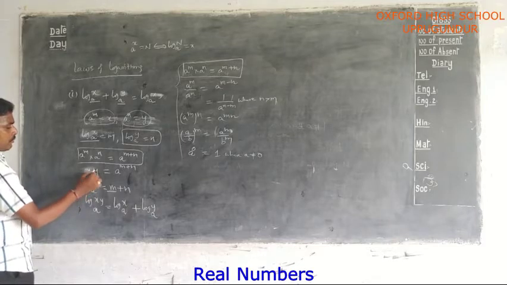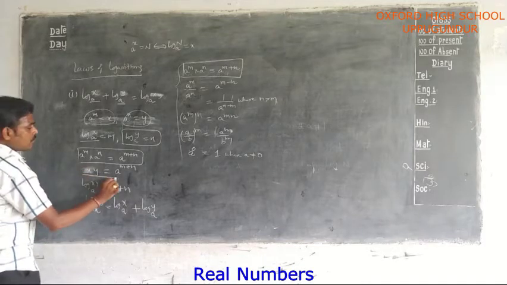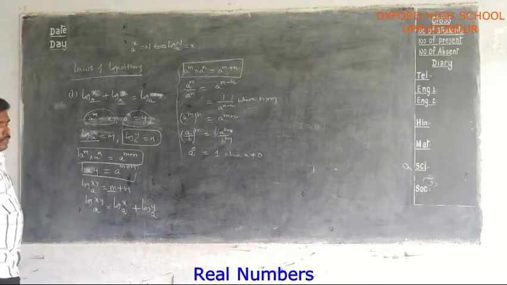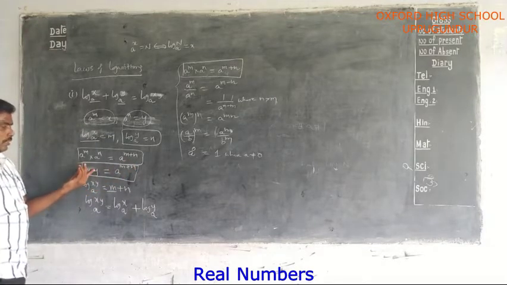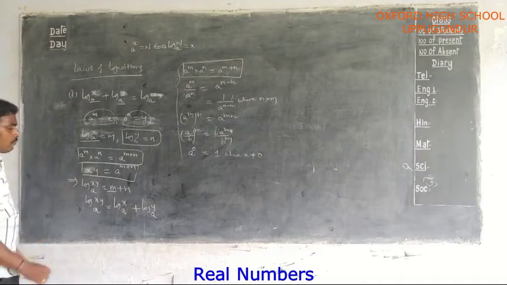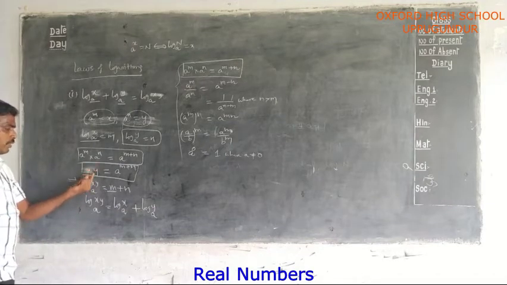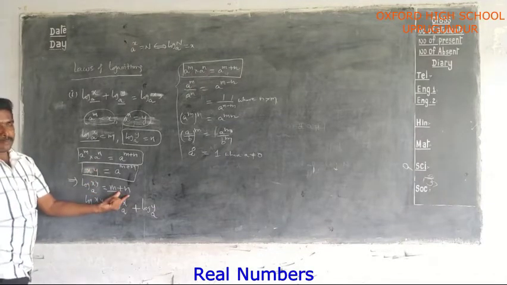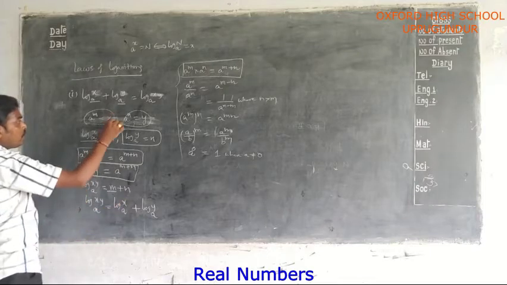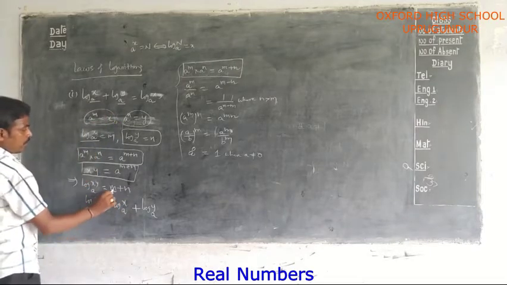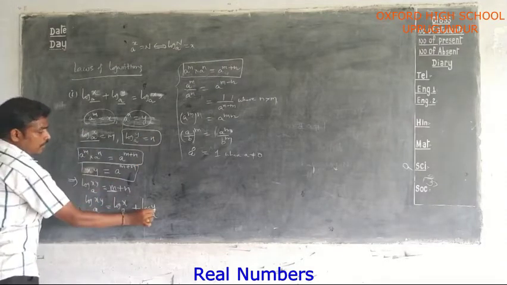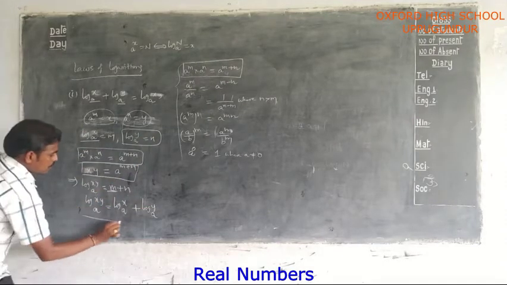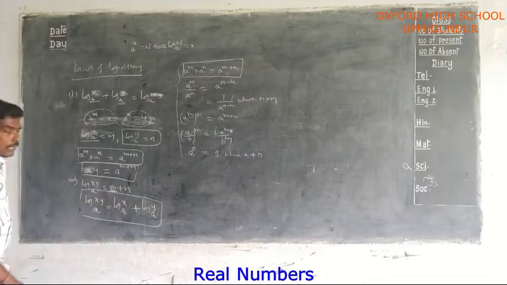Now this is again in exponential form: a power some value equal to another value. Then what is the logarithmic form? Log xy to the base a equal to m plus n. Here m is log x to the base a, similarly n is log y to the base a. So this is the first law of logarithms.